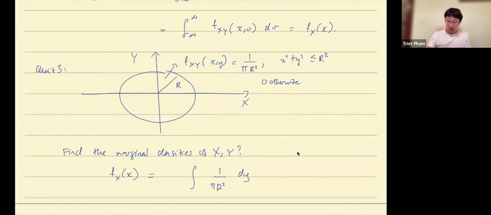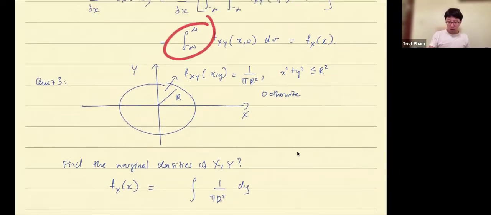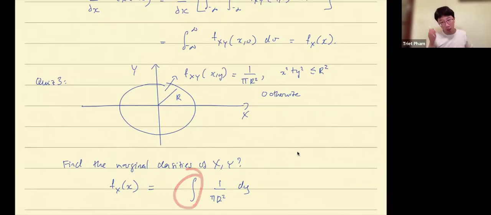But again, in the abstract, in the absence of any further information, we just say we integrate out over all range of Y's. But in practice, this will be some concrete range of values. What are they?